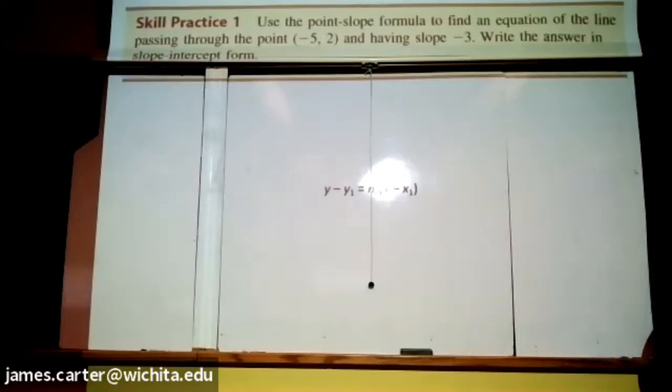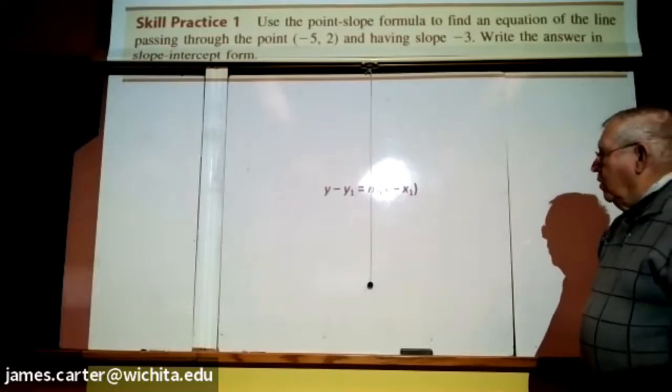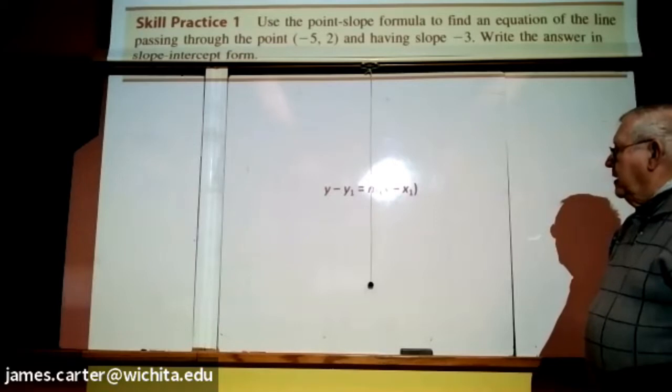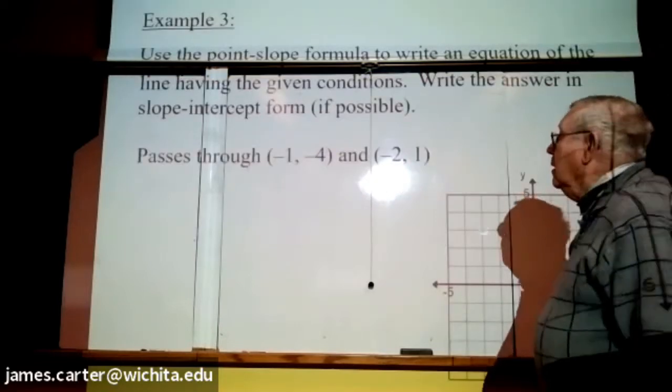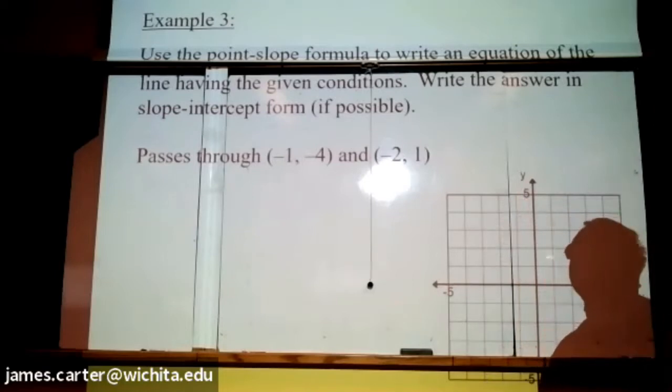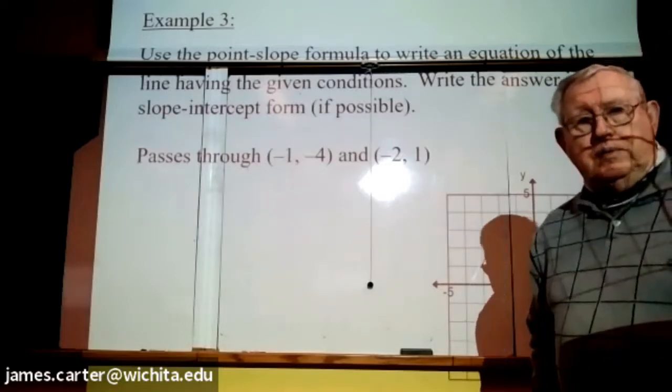Once again, this is the point slope formula. y minus y1 equals m times x minus x1. Okay, it goes through that point and that point. This time they didn't tell us the slope.